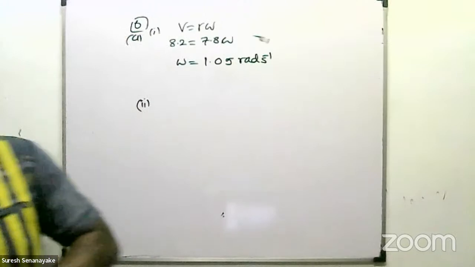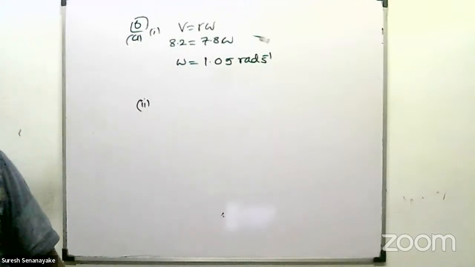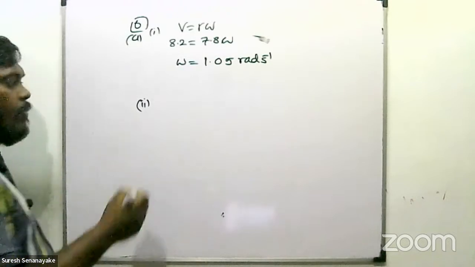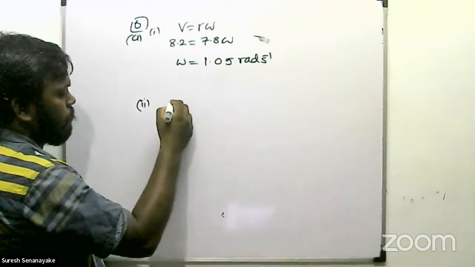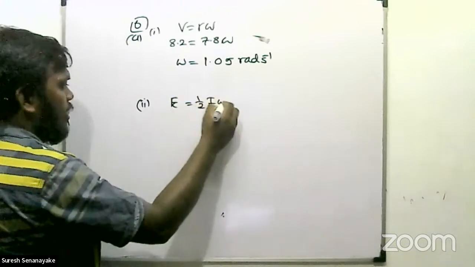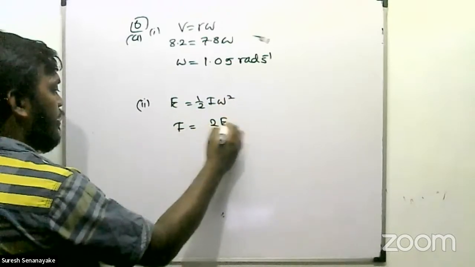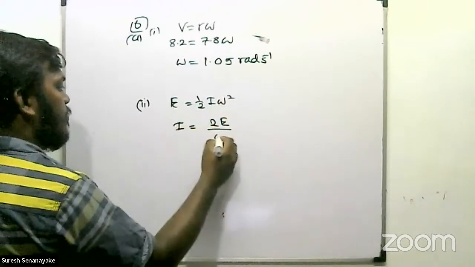And then, when the blades are rotating at this angular velocity, the rotational kinetic energy is 1000 megajoules. Calculate the moment of inertia of the rotating parts. The rotational kinetic energy is half I omega squared, so I equals 2E divided by omega squared.